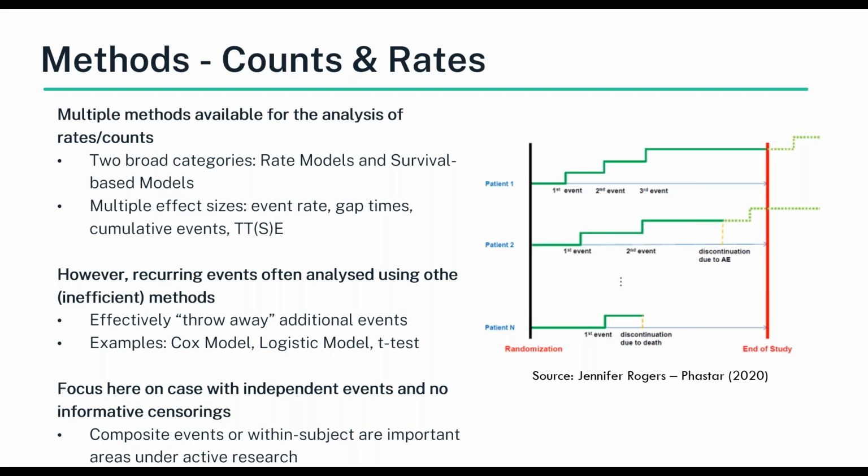However, recurring events often tend to be analyzed using very inefficient methods. For example, using Cox regression or logistic regression, or even a t-test. And these are all quite inefficient because effectively they are throwing away additional event data. And it is well known that this decreases efficiency and increases your sample size requirements.